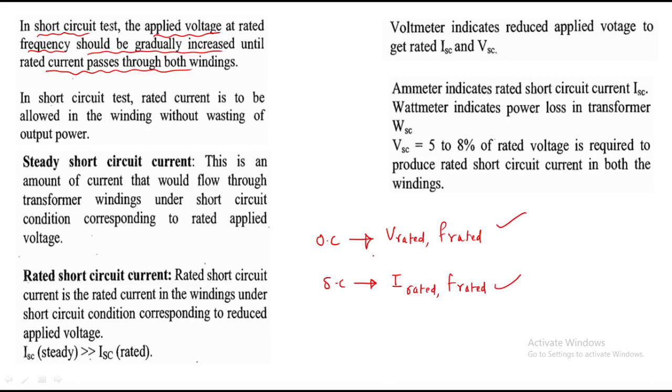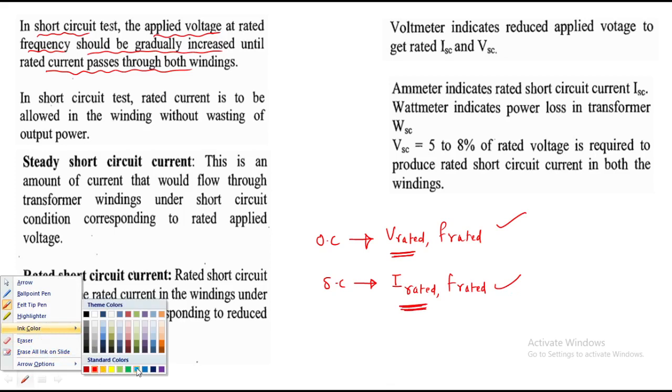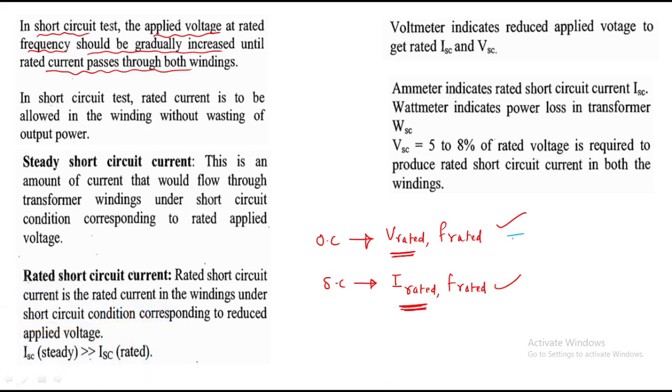What is the reason? In the open circuit test, the iron losses are purely dependent on voltage. But in the short circuit test, we get copper losses, which are purely dependent on current. That's why the OC test is at V rated and F rated, giving iron losses, and the SC test gives copper losses.